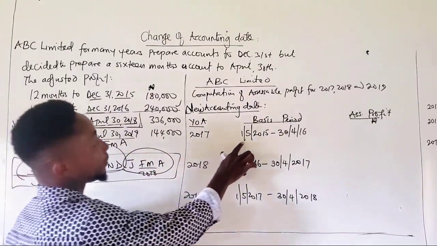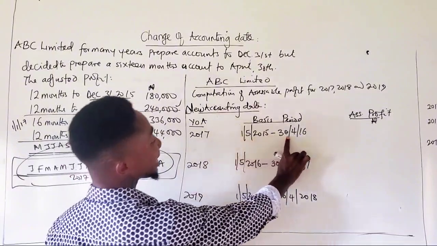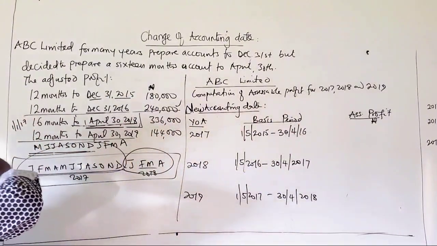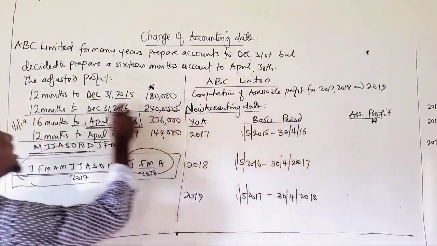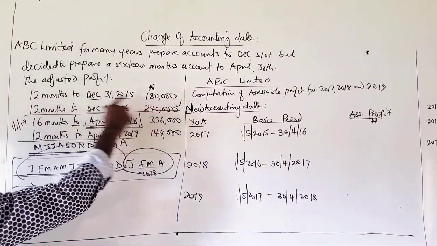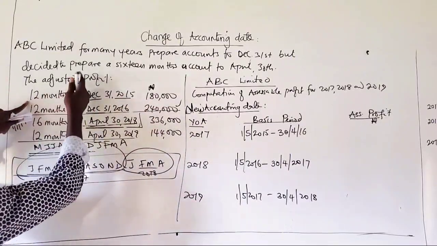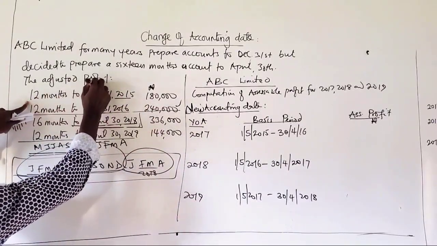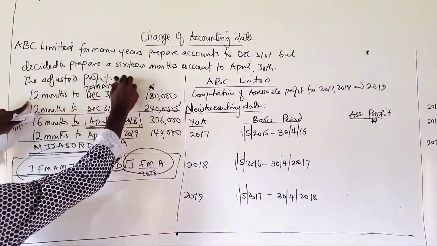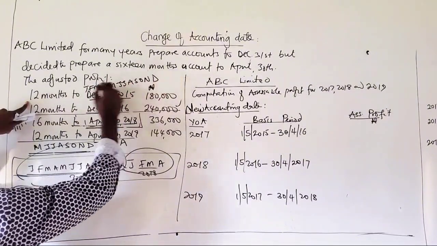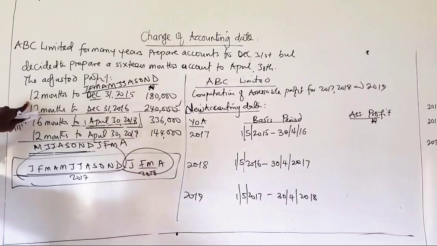Now for 1st of May 2015 to 30th of April 2016. This period falls in this first profit stated here. They give us January to December, that is January, February, March, April, May, June, July, August, September, October, November, December of 2015, right? 12 months too.